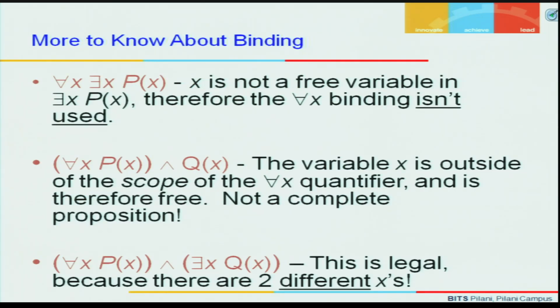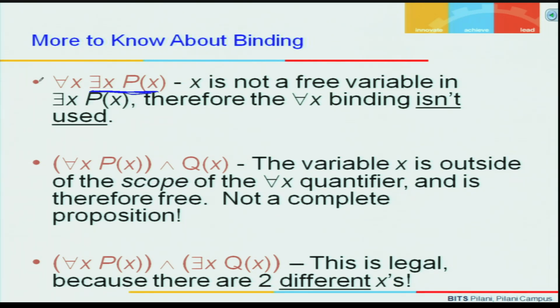About free variables, let us see one more thing. We will take this particular statement, for all x there exists x P(x). Is it a valid statement? It is not a valid statement, because when you have this particular statement, this becomes very much a proposition.